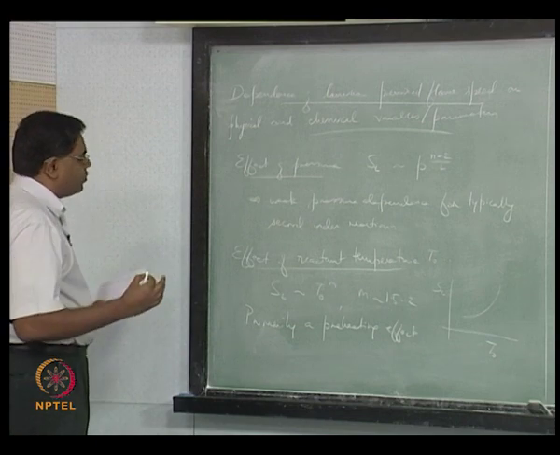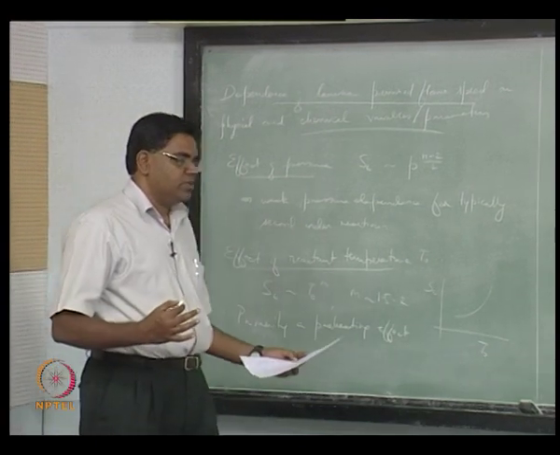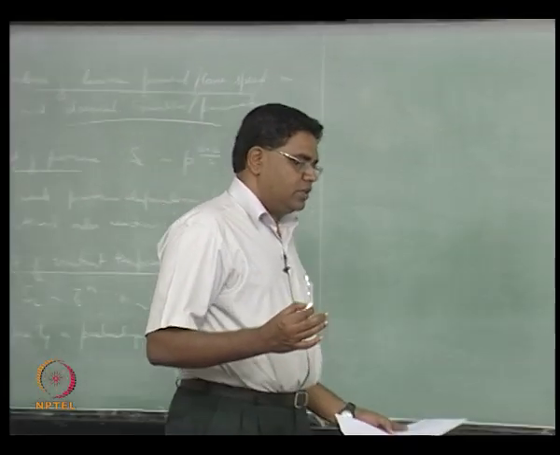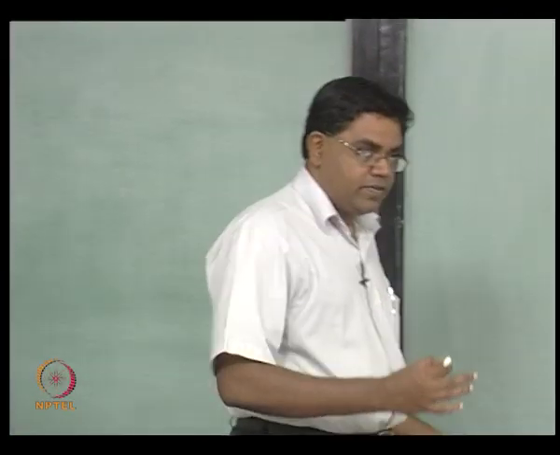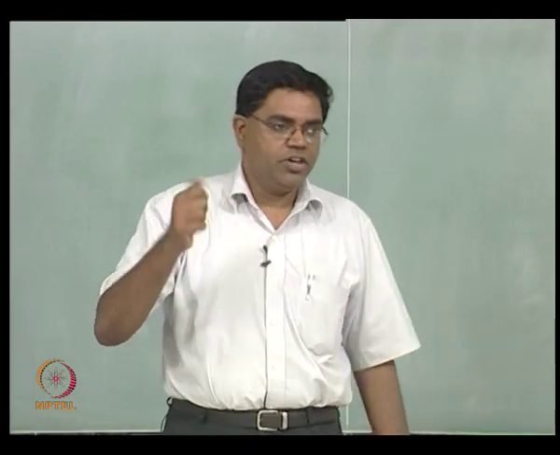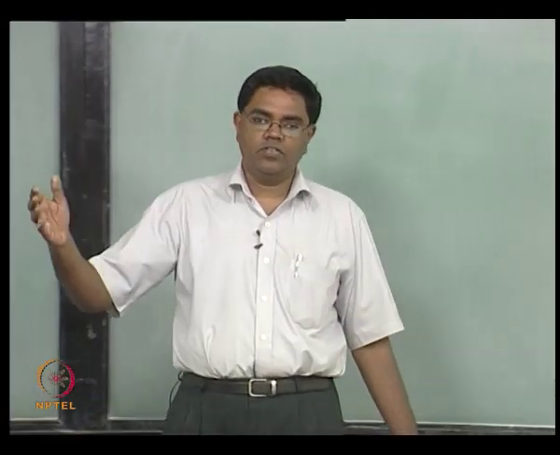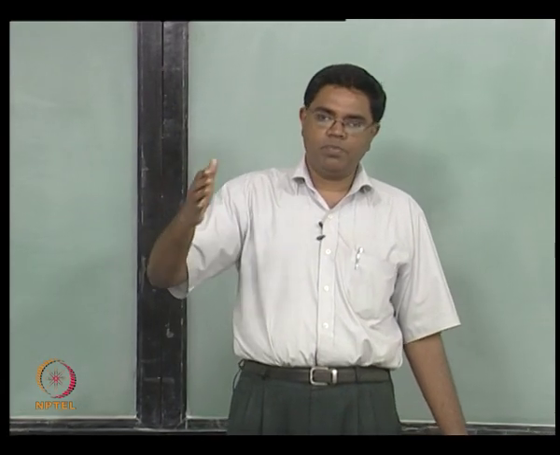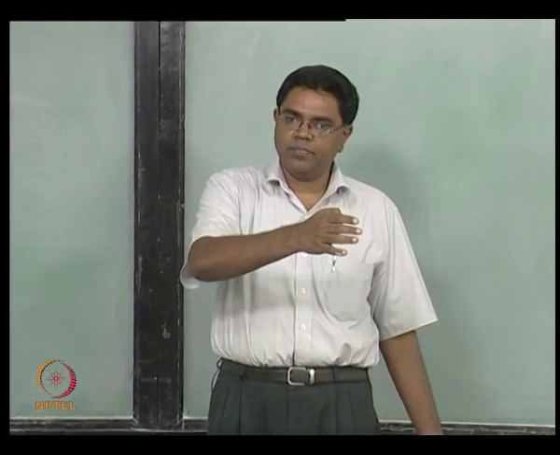Now the other thing you naturally have to think about when looking at the effect of anything on flame speed is the effect on the reaction rate, because the flame speed is directly proportional to the square root of the reaction rate, right?